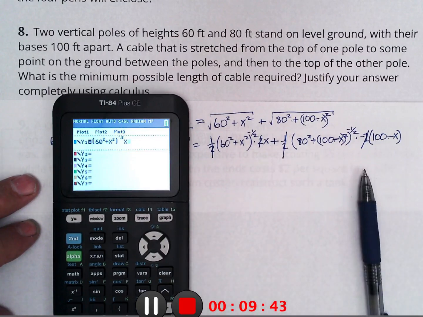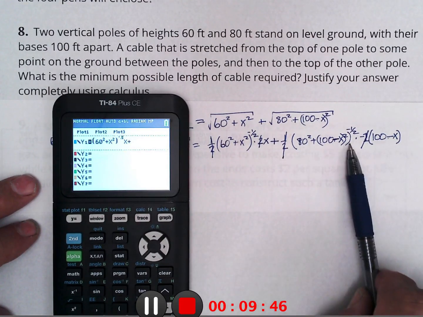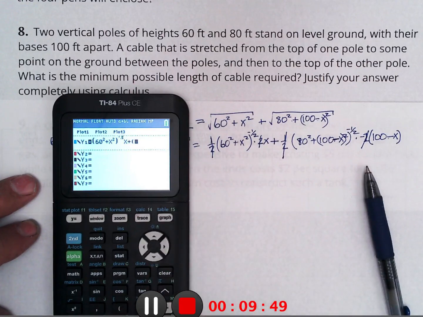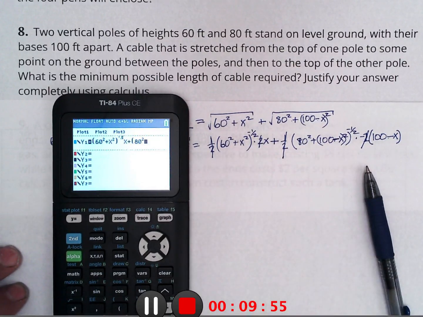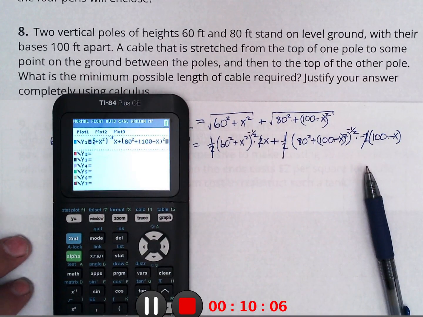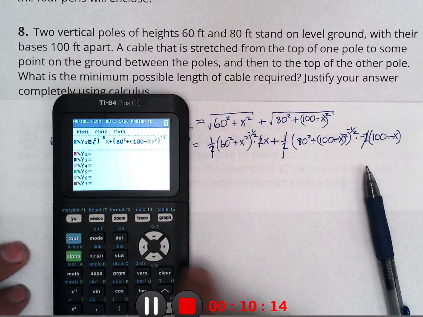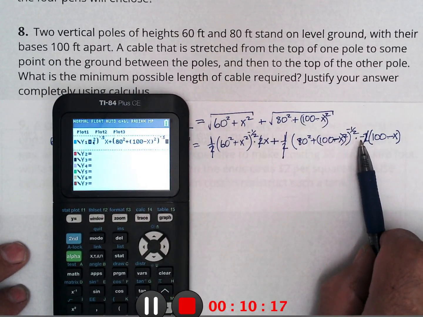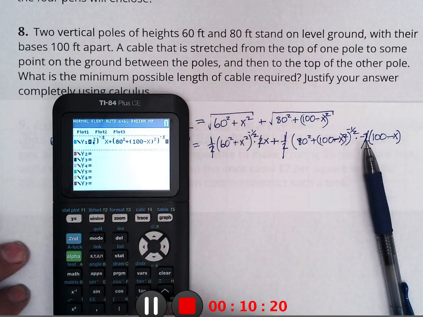Plus, now this second part: parenthesis 80 squared plus parenthesis 100 minus X quantity squared, and that whole expression, square root to the negative 0.5, times a negative, parenthesis, negative, parenthesis, 100 minus X.